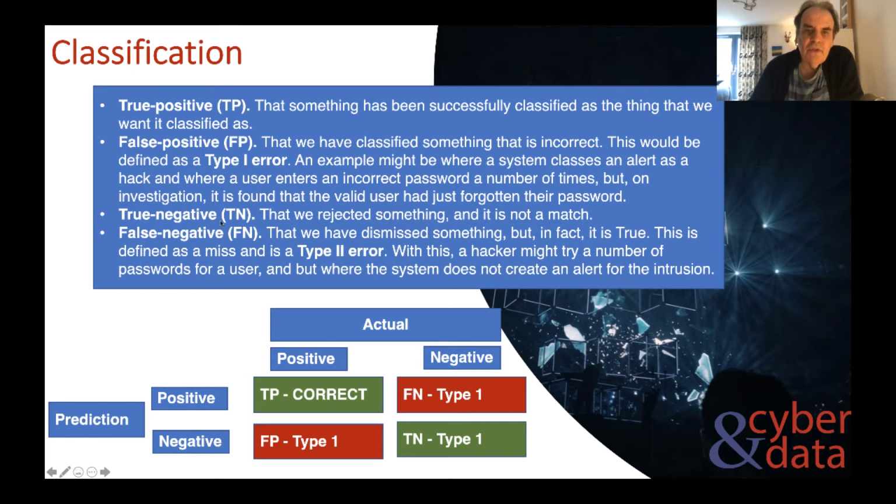Then we have what's called a true negative, where we reject something that is actually a negative. So that's a good thing. If a device wasn't infected by malware and we made the judgment that it wasn't infected, then that's a true negative.